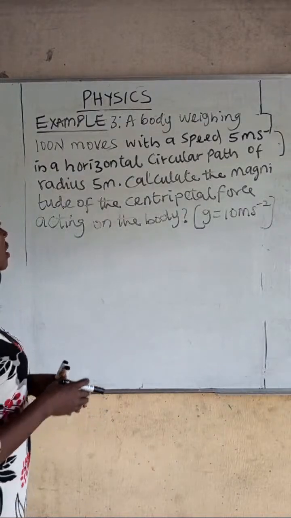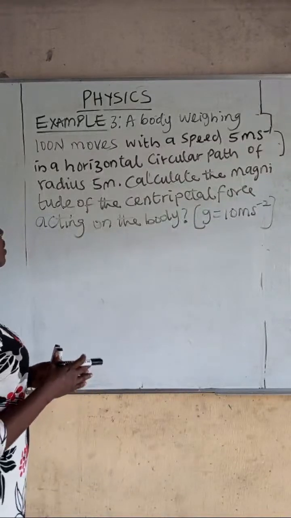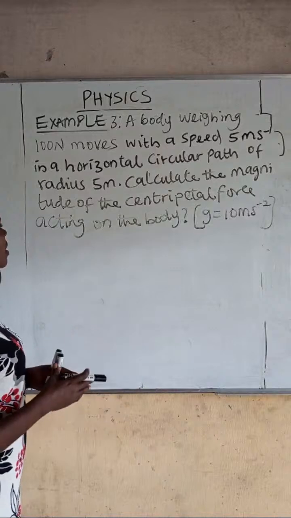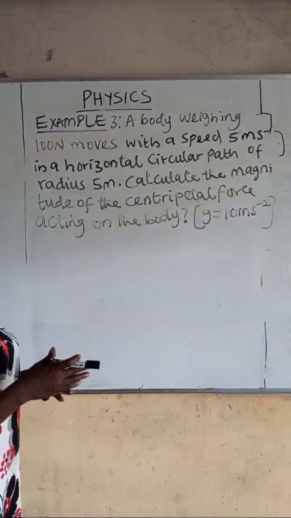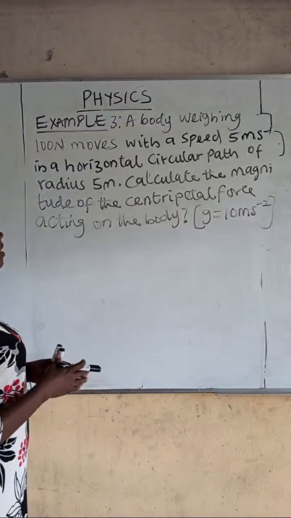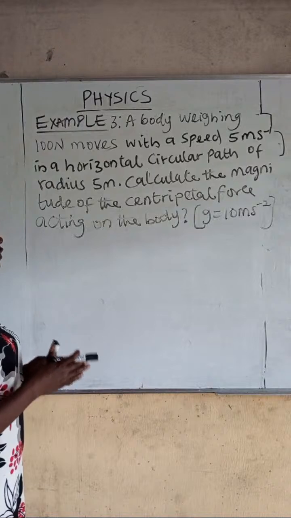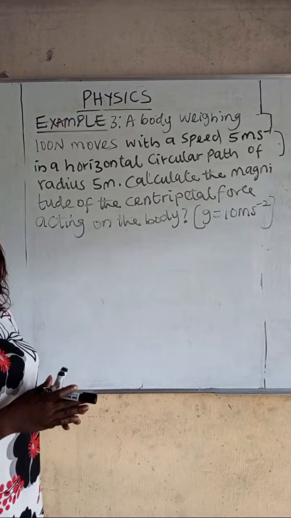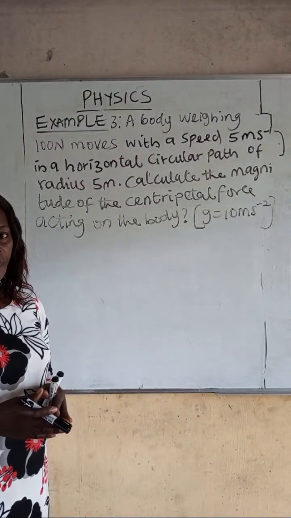You get the question? We are given g as 10 meters per second squared.